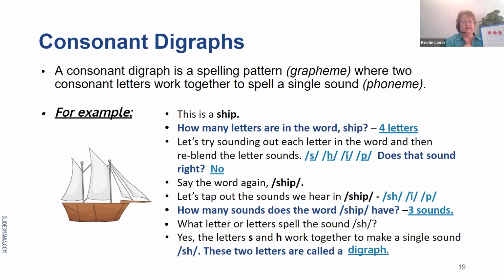We already talked about the fact that ship has 4 letters to it, but it only has 3 sounds. That's because we've learned the digraph. We need to put the SH, which are 2 letters that make 1 sound, in a single box, because each of these tokens represents 1 sound in the word ship. So, ship.